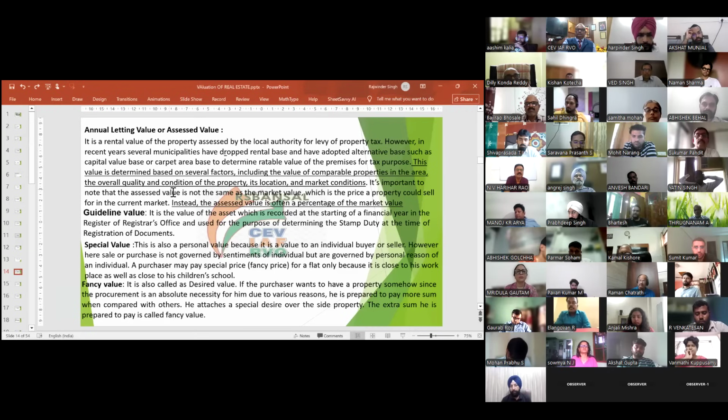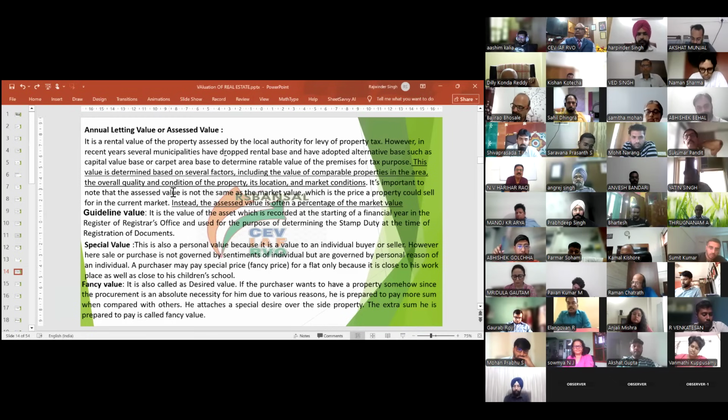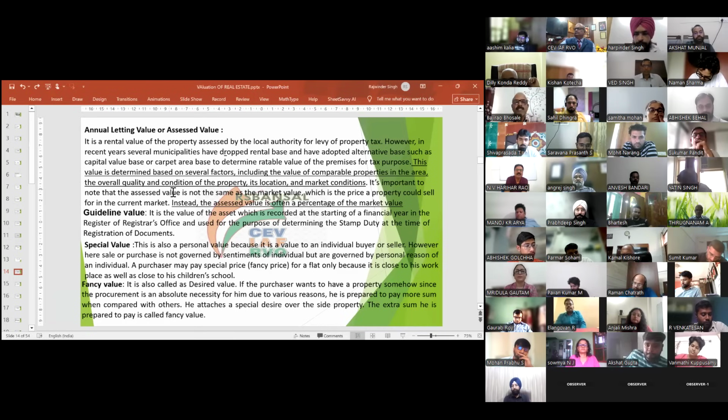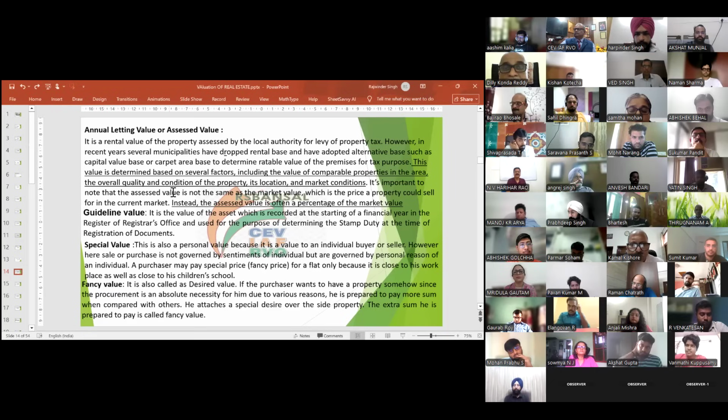Next is annual letting value or assessed value. This is generally used by the local body authorities for calculating the property tax on your building. So each local body authority in your state has a procedure for calculating the annual letting value or assessed value of the asset, on the basis of which property tax or house tax is levied.